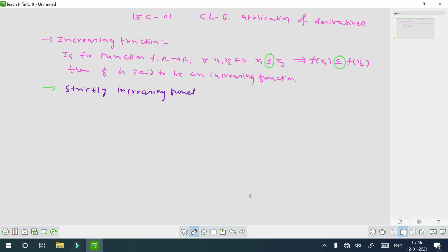Strictly increasing function. Now see here, on the same line, only strictly less than we have to use in the inequality.